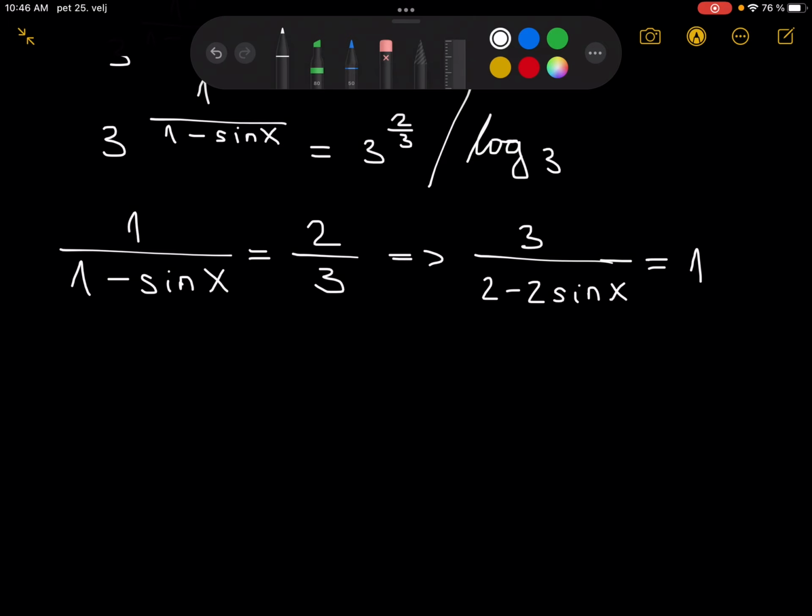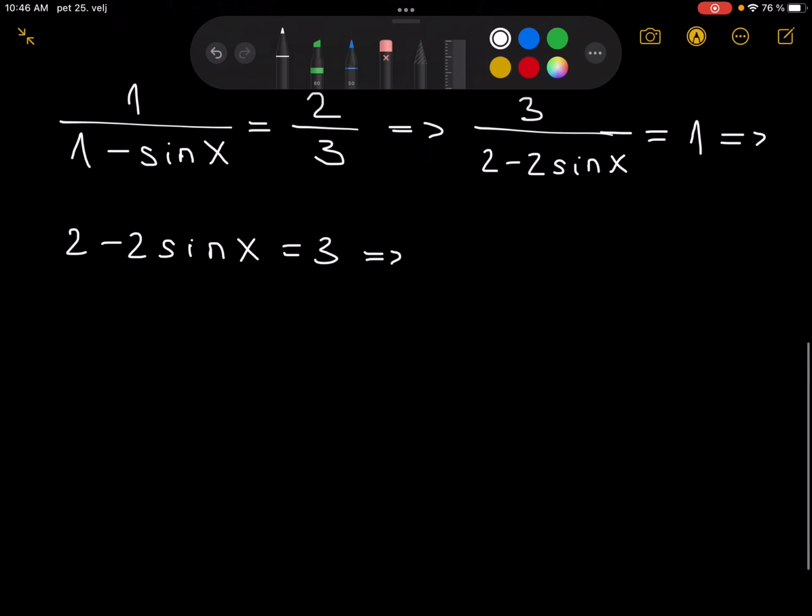And from here, we get that 2 minus 2 sine x is equal to 3. Okay? So 2 minus 2 sine x is equal to 3. Or in other words, sine of x is equal to negative 1/2.